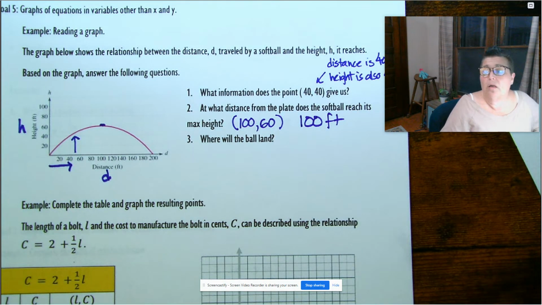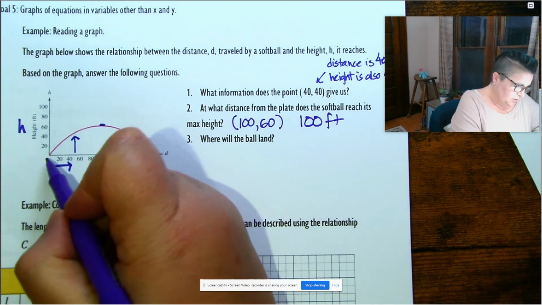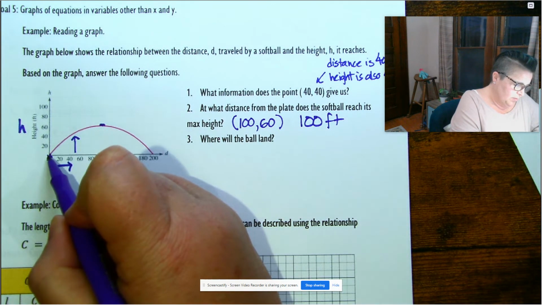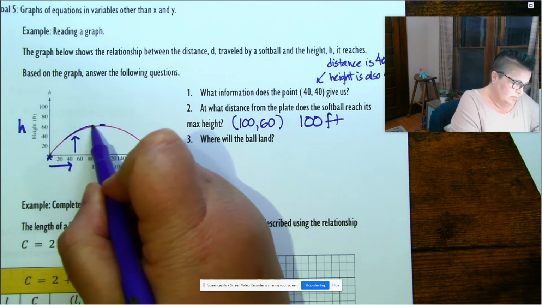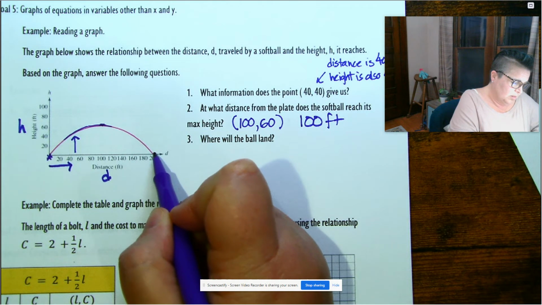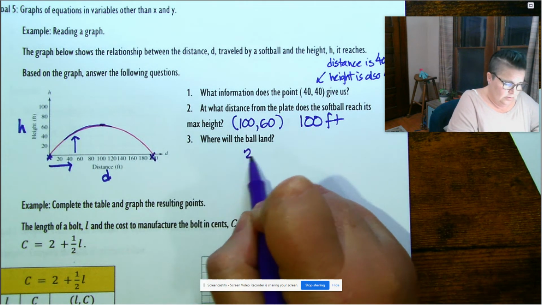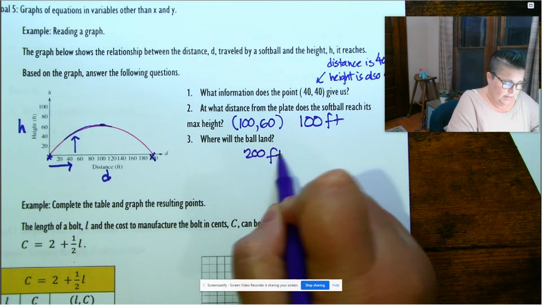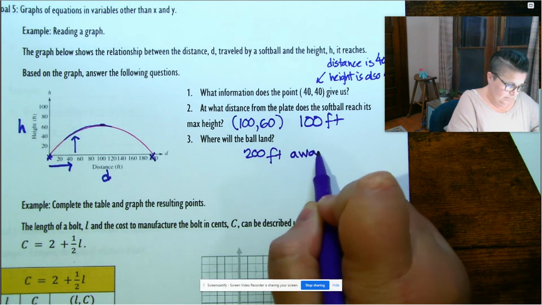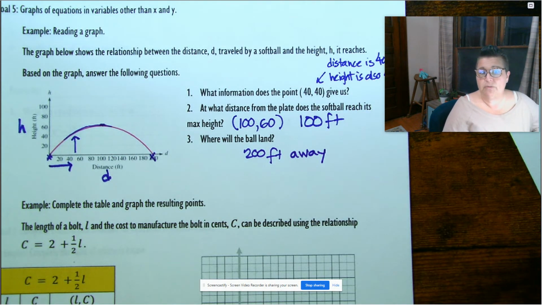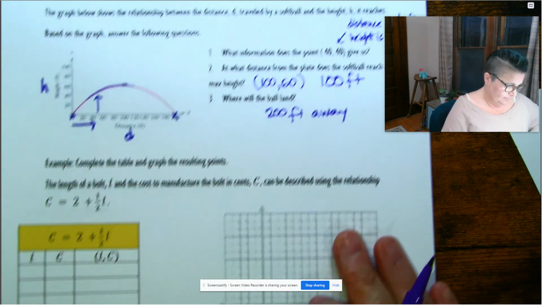Where will the ball land? If you assume this is the starting point of the ball and that it travels up, where does the ball land? 200 feet away. Okay, 200 feet away. Here, we're just not using an x and a y. We're using a d and an h. No difference other than that.